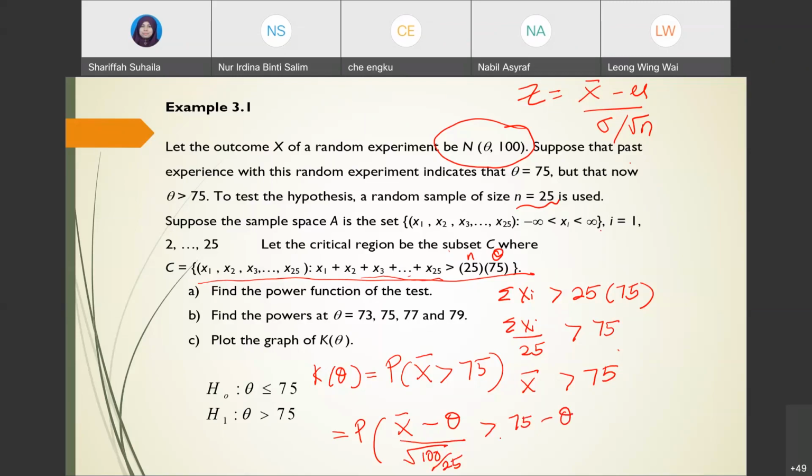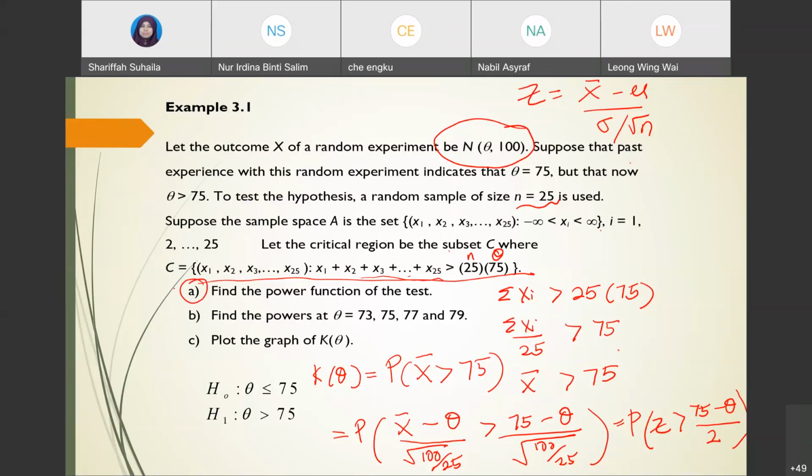So 75 minus theta over square root of 100 divide by 25. So kalau kita simplify kan, kita ada macam ni, Z. Betul tak? Okay. So yang tinggal 75 minus theta. Again here, okay, 100 divided by 25, which is 4, square root of 4, saya just tulis 2. So that again, you can get probability X bar greater than 75. So define dia punya power function, letak dalam bentuk macam ni. So this is your power function of the test. Okay, power function of the test.